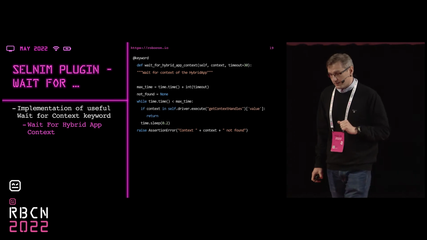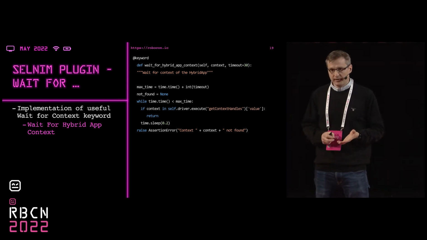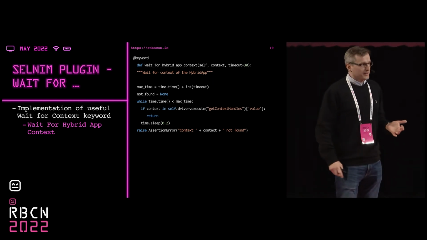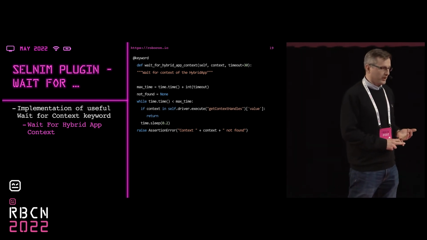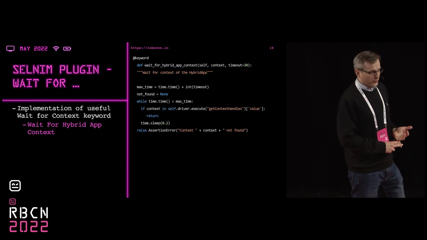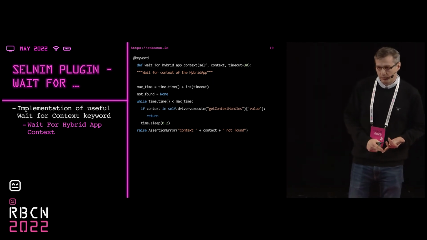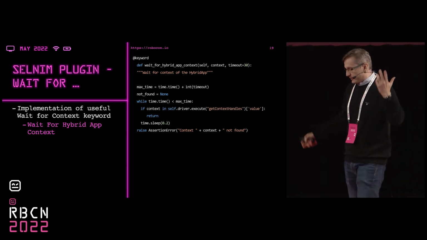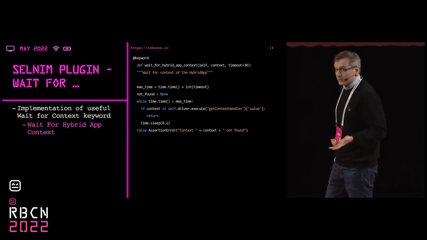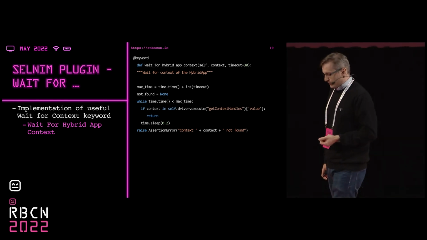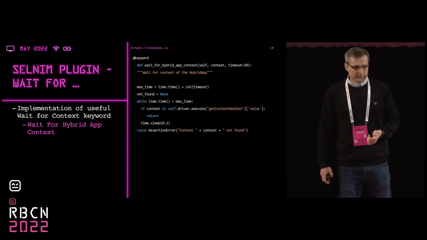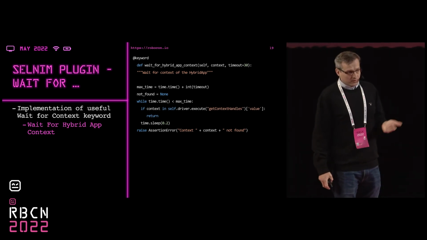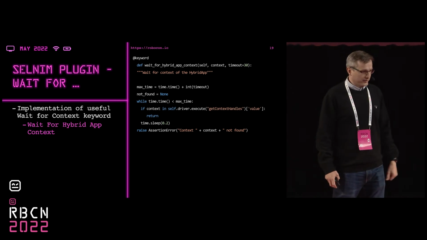But the test cases are just the same. I haven't changed the test cases almost at all. The same test cases that were executed on the web started to work on the hybrid app, just like this. I had tons of test cases that I can reuse. I didn't need to duplicate these test cases, and there is just one repository that I'm using.